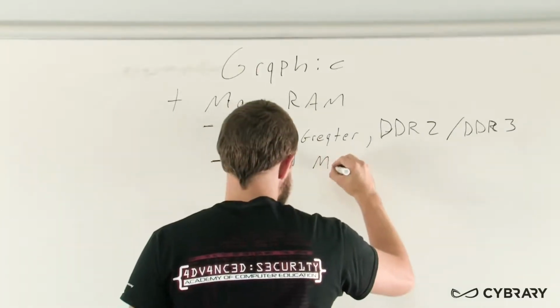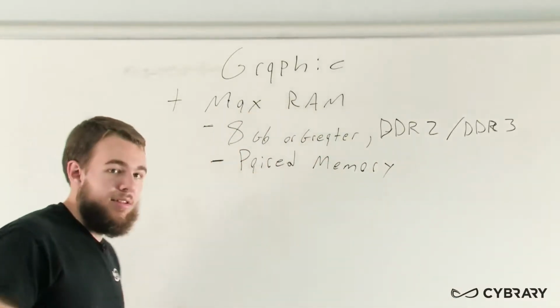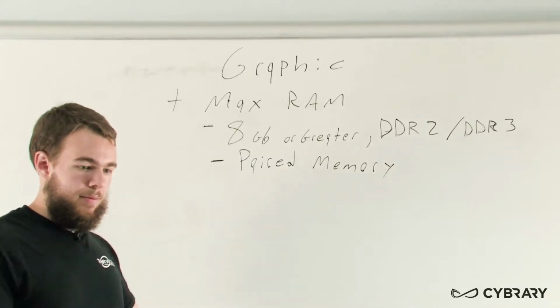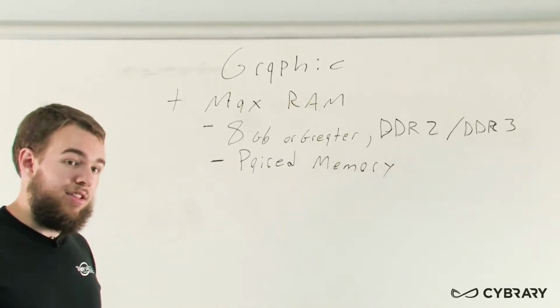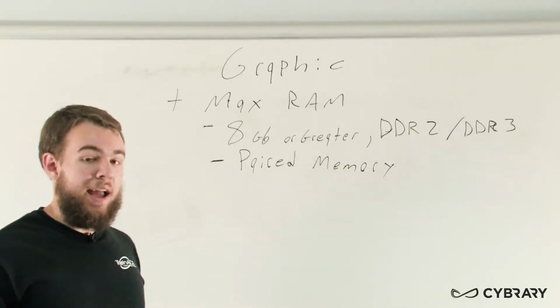We also want to make sure that we're using paired memory, and all this really means is that when we're purchasing our memory sticks, we don't want to say, okay, I have 6 slots on my motherboard, 6 slots, 3 banks.